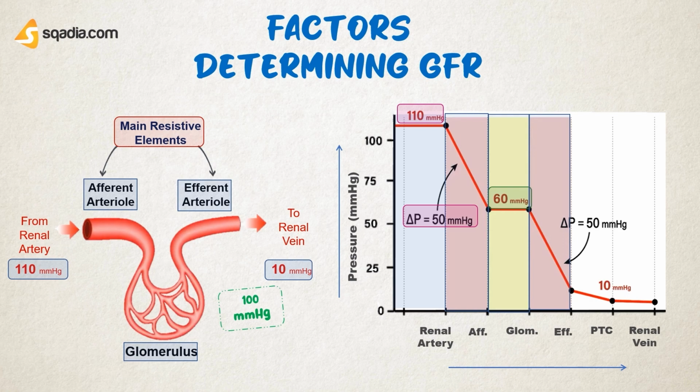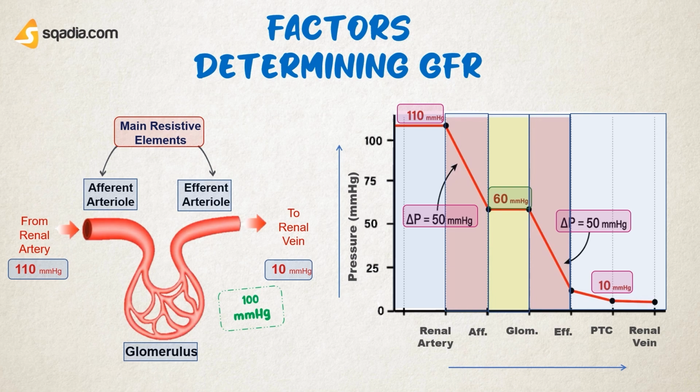Once again, the blood pressure drops as it moves through this resistive element, and we can estimate this pressure drop to be around 50 millimeter of mercury. Based on these values, we would expect the hydrostatic pressure of blood to be approximately 10 millimeter of mercury by the time it reaches the peritubular capillaries and renal vein.